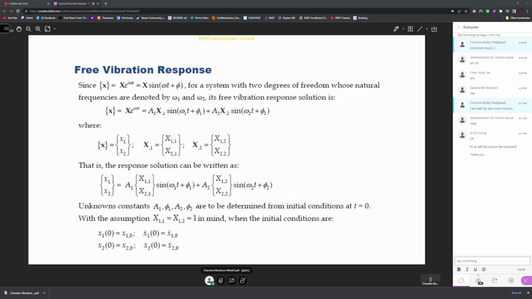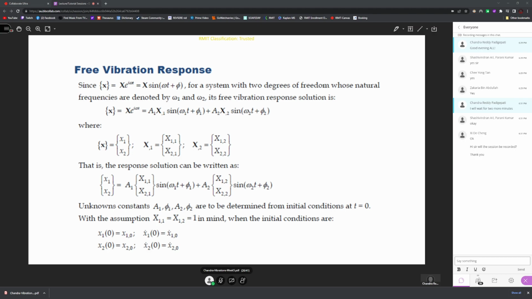All right, so then the response of the system. What we have done so far is, we know how to write the equations of motion in matrix format, either by Newton's method or by Lagrange's method. Then we know how to solve the determinant of the system to get the two natural frequencies.